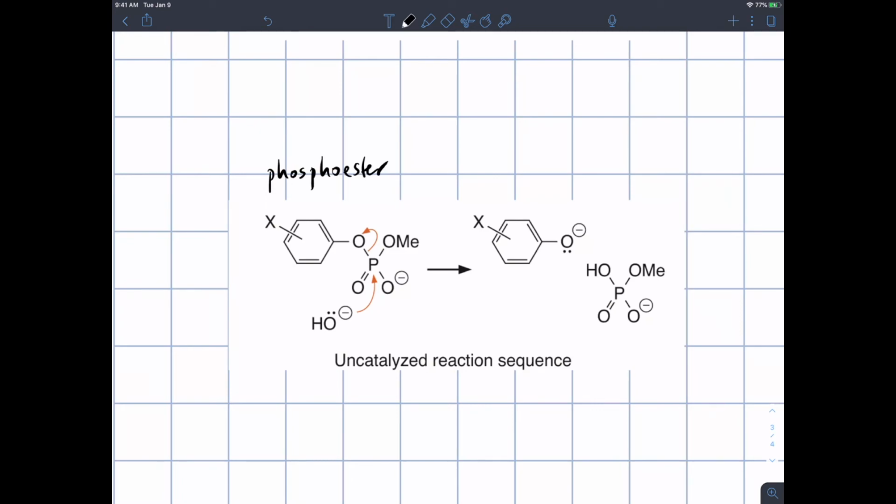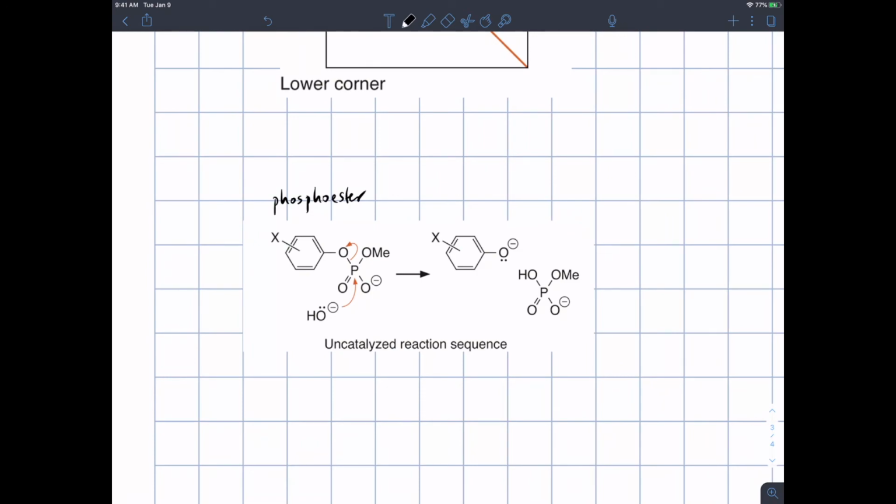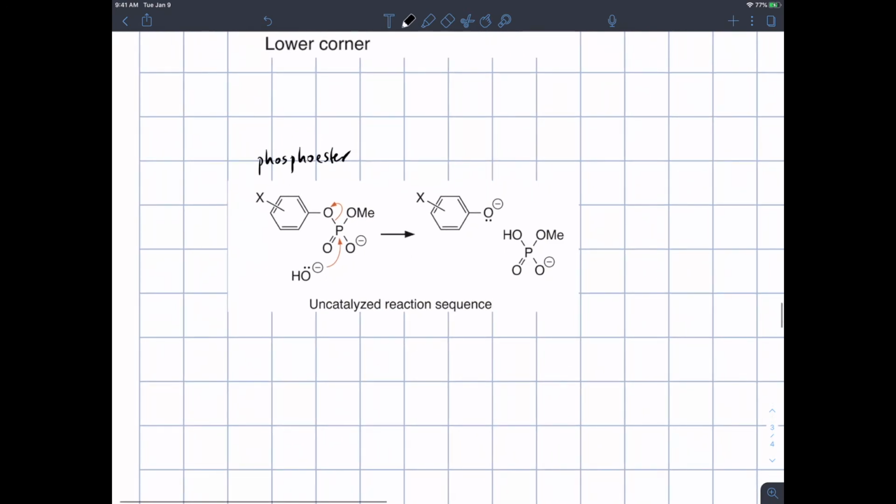And the uncatalyzed reaction basically involves an SN2 type mechanism where, as we talked about, you've got a leaving group here, and then you have a nucleophile here, and the reaction is going to involve a transition state where there's some amount of leaving group leaving and some amount of nucleophile coming in.